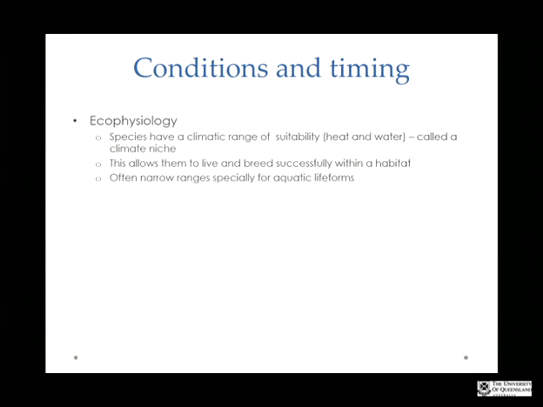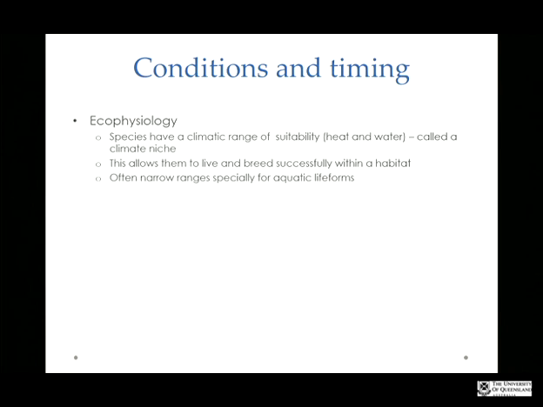So ecophysiology, if you remember from Natalie's part of the lecture, was about how animals and plants have a climate niche that they fit into. And so within that, they have some flexibility, and we obviously don't know the full flexibility because we haven't really tested it over, probably, millions of years.